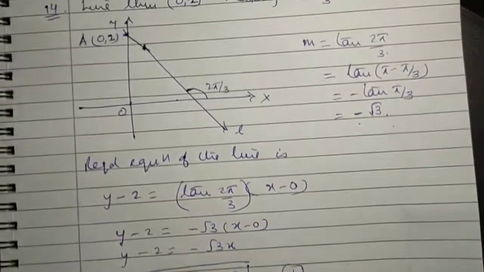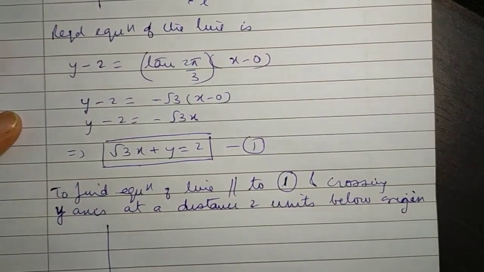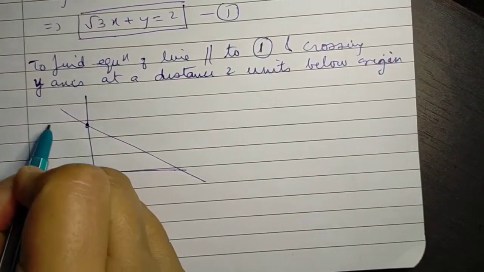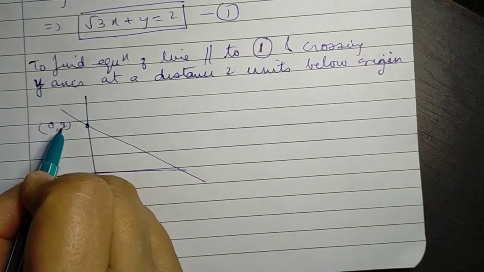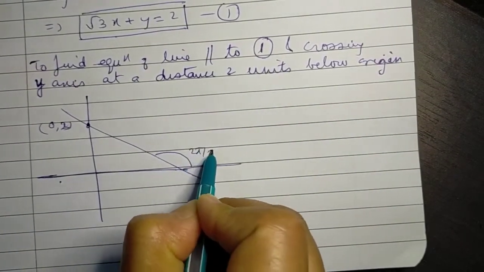So now we have to find another line. We have already found one line which passes through (0, 2), making an angle of 2 pi by 3.